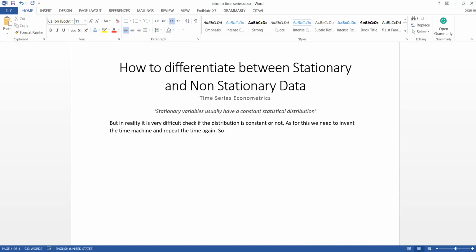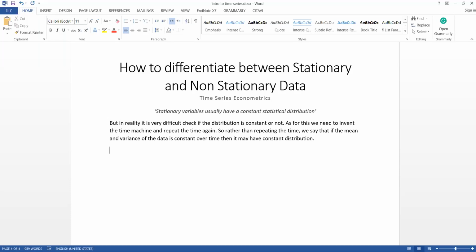So rather than repeating the time, we say that if the mean and variance of the data are constant over time, then it may have a constant distribution.